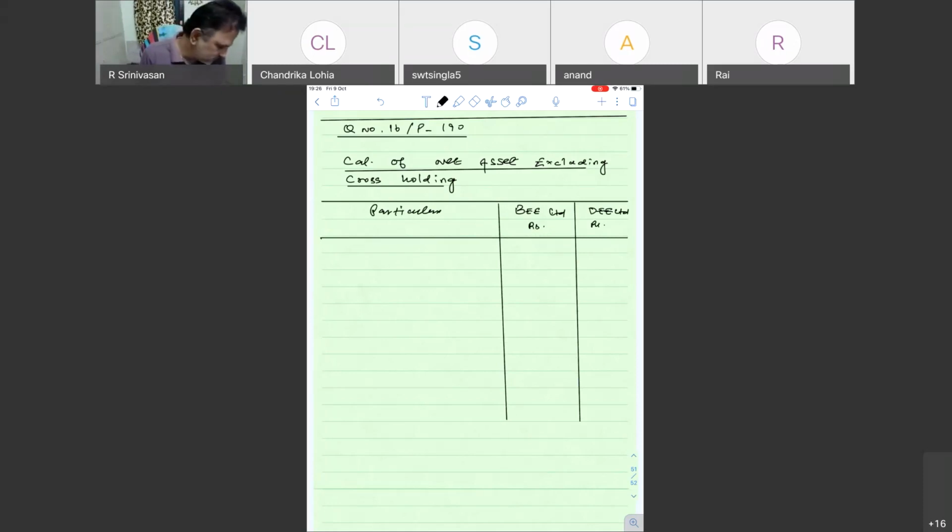Tangible assets. What all the assets are there here? 60 lakhs and 3 lakhs.